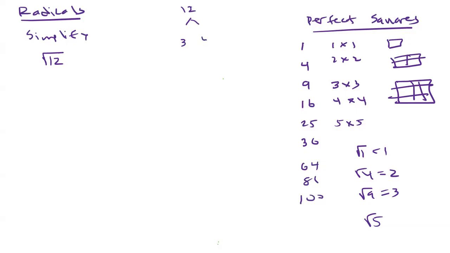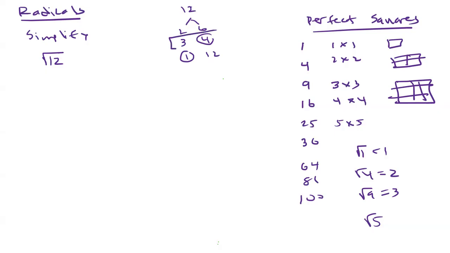Good. Okay. What else? 2 and 6. Okay. And then 1 and 12, right? Those are the factors of 12. Correct? All right. So when you do this, you want to pick the number. Well, first of all, 1 is a perfect square and 4 is a perfect square, right? But you want to pick the highest perfect square of the pair.